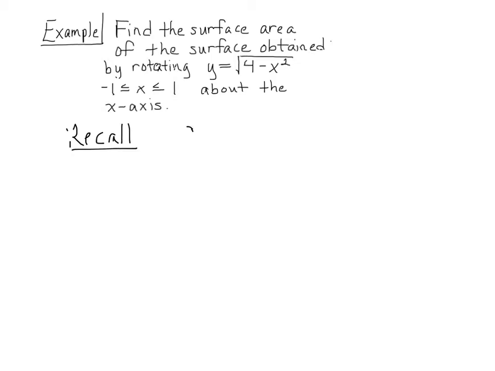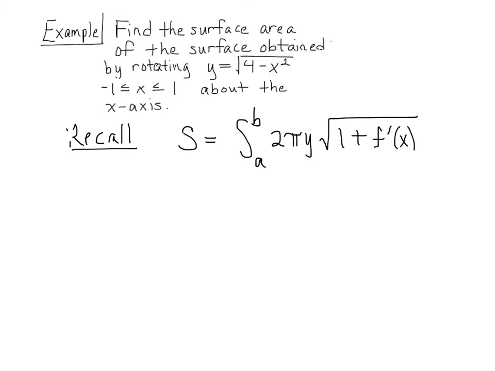Since we're in case 1, the surface area is the integral from a to b of 2 pi y times the square root of 1 plus f prime of x squared, dx.